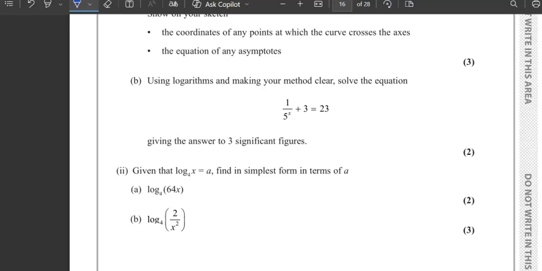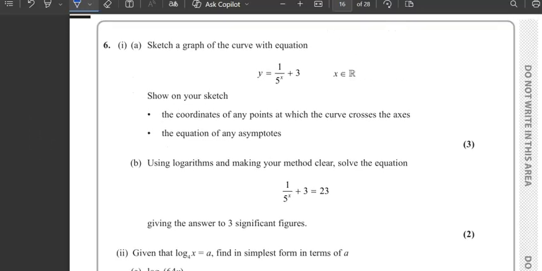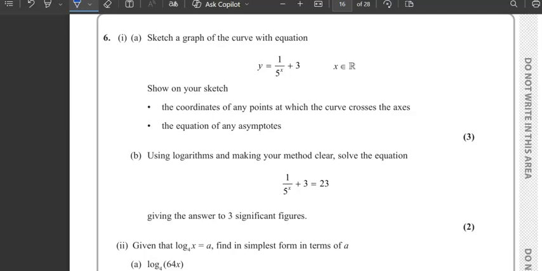So question number 6 majorly tests logarithms and exponential functions, and we'll start with the first section, Roman 1 part A, where we are required to sketch the curve.